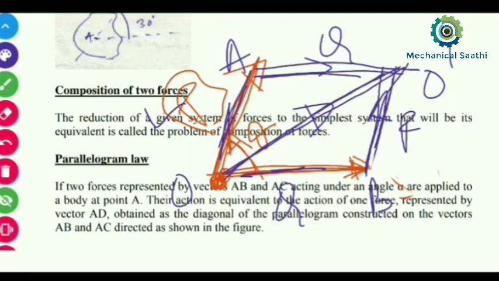According to the parallelogram law, what are the conditions?